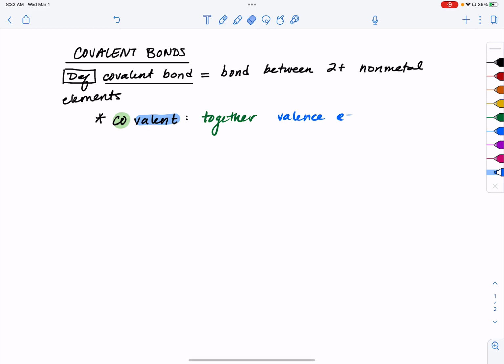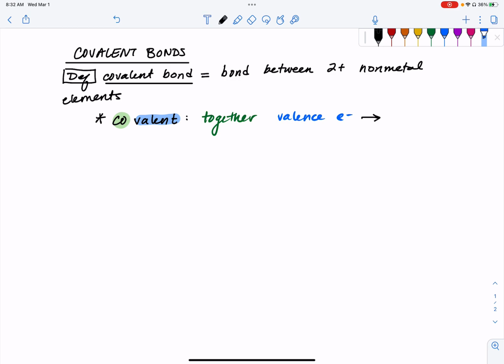So valence electrons together, what does that mean? This means that when we look at how two nonmetal elements bond to one another, they do so by sharing their valence electrons.